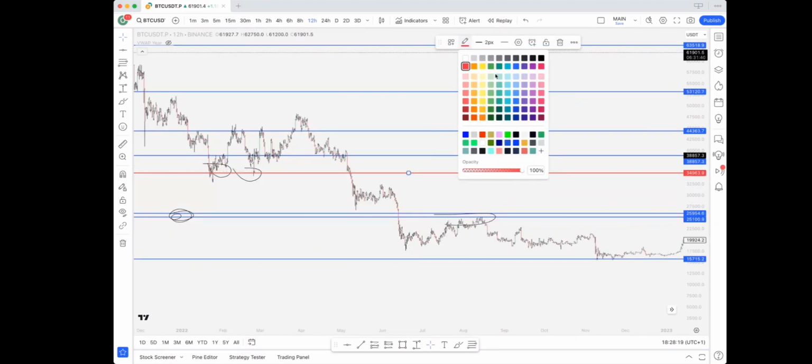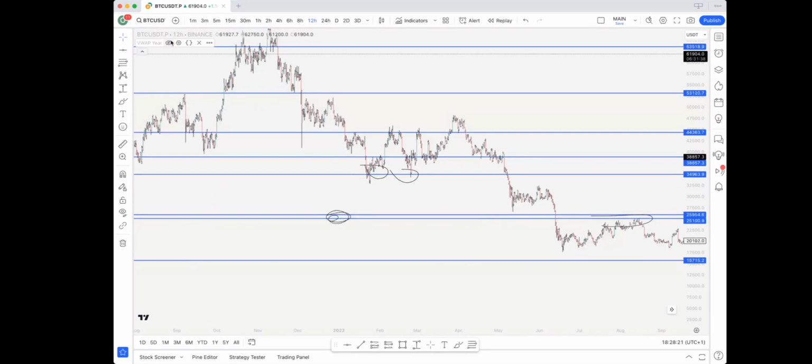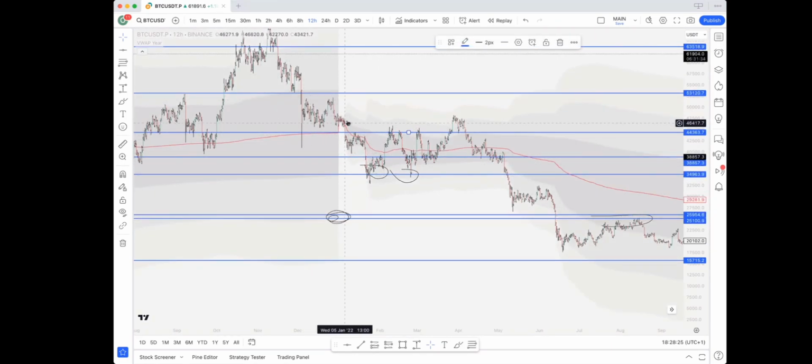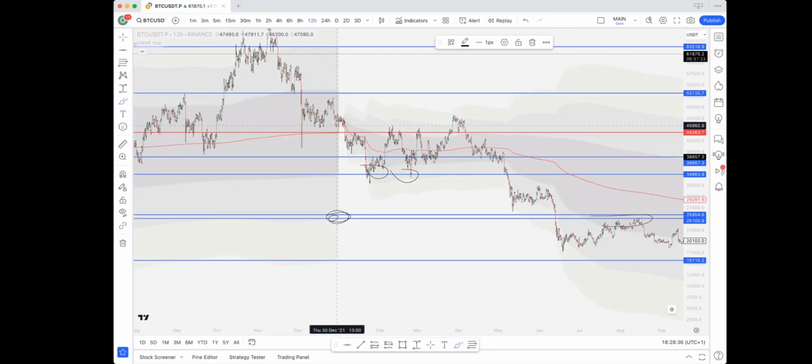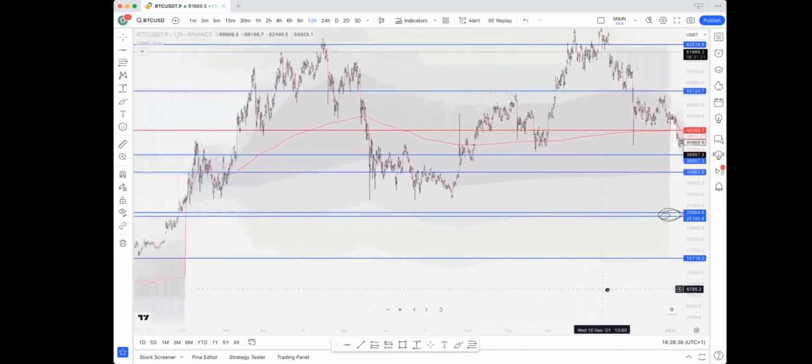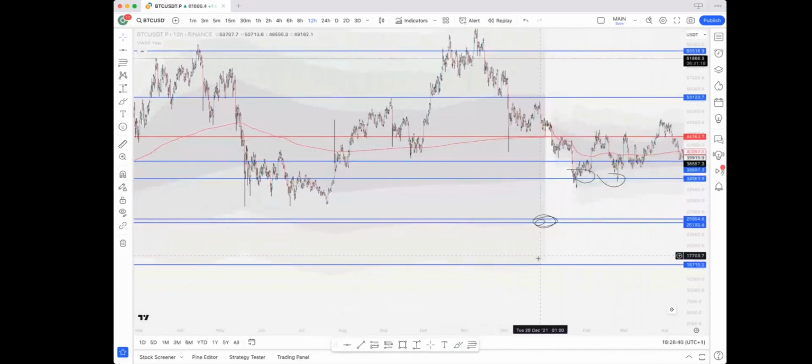So we'll turn this back to blue and focus on a new level. We have this VWAP reset level. We'll focus on that as the red one. Turn off VWAP again. Just to point out, if we were to use this reset, we're currently here, okay? So none of this has happened yet.